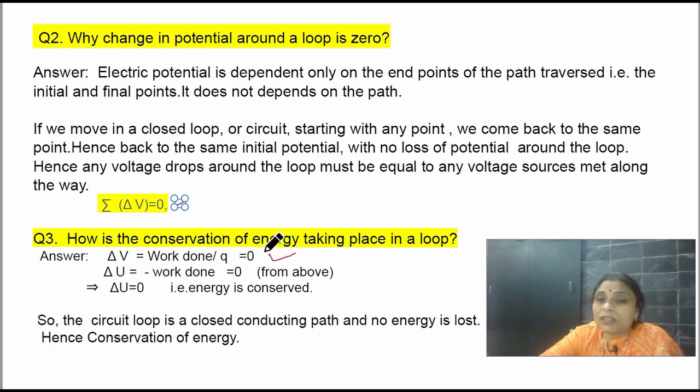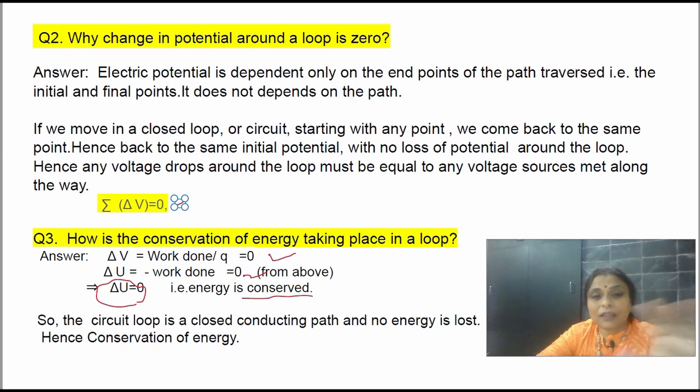That means work done is 0, since charge is not 0. And we have another formula, delta U, which is the negative of work done. Work done is 0 means delta U is equal to 0. And when delta U is equal to 0, energy is conserved. So the circuit loop is a closed conducting path and no energy is lost in it. That means the energy is conserved.